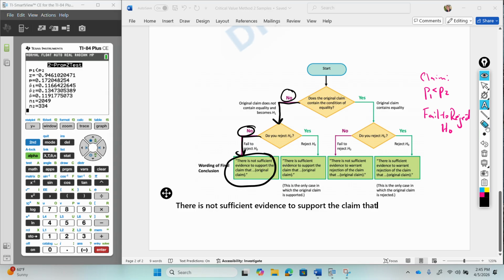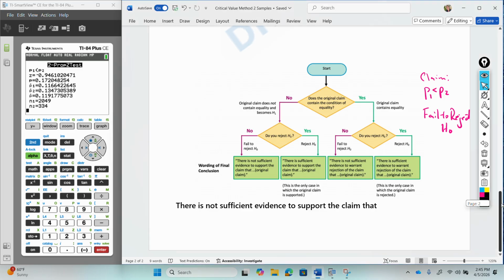And then what we're going to do now is go back and get the wording of the claim. So we're not going to say there's not sufficient evidence to support the claim that P1 is less than P2. Our final wording is going to be all English.